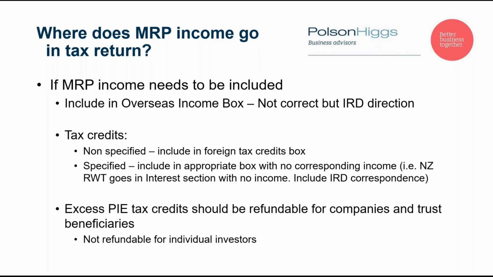If they are specified, such as RWT or imputation credits, then they will go in the relevant box for that tax type. So, for example, New Zealand RWT would go in the New Zealand interest section of the tax return with no corresponding income. And you would need to attach IRD correspondence to explain why that has been done. Excess PI credits should be refundable for companies and trust beneficiaries, but they're not refundable for individual investors.